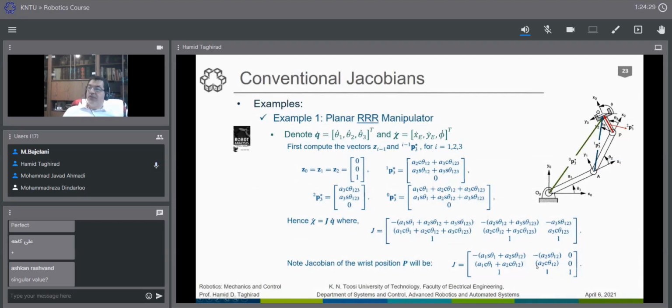It could be found quite easily. Again, here, the most important part was the P star 3 with respect to the 1, 2, and 0 frames. We should find 3 vectors to find the 3 column vectors. And it was a bit intuitive here to find that. Any question here?